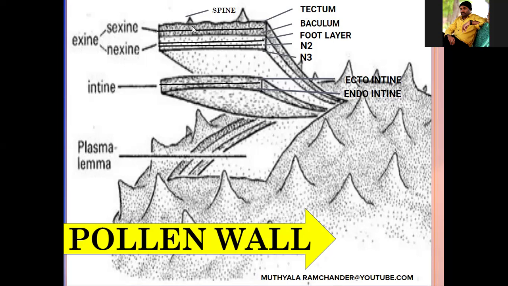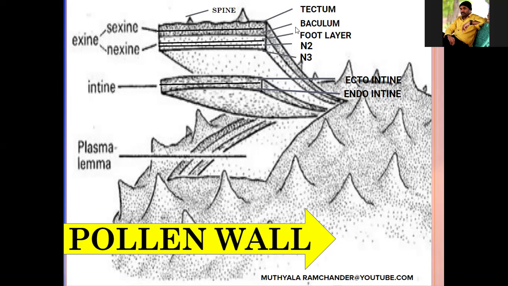One is atectate pollen grains, where the tectum layer is absent. Semi-tectate pollen grains, where the tectum layer is arranged in a reticulate manner. Tectate pollen grains, where the tectum layer is present. Supratectate pollen grains, where the tectum layer is in double.